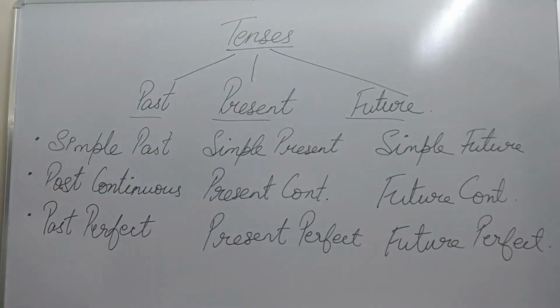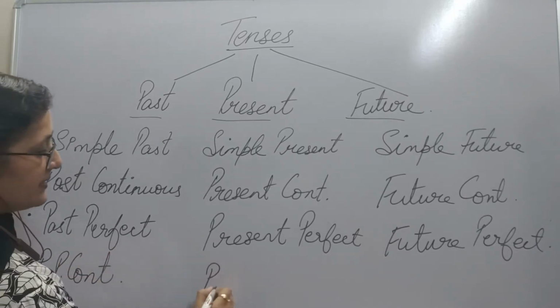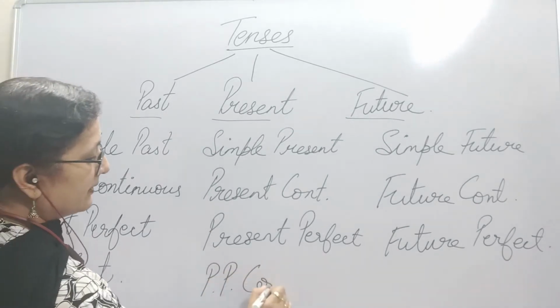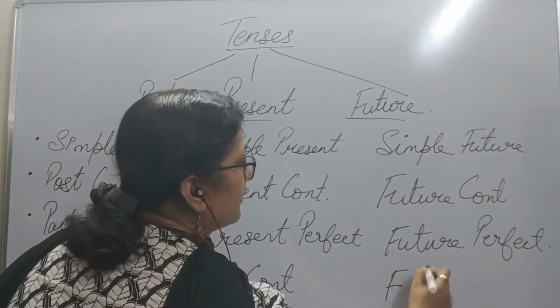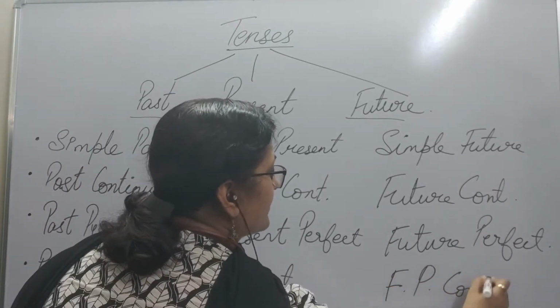We have one more kind which we do as, I'm writing again the abbreviated form, past perfect continuous, present perfect continuous and future perfect continuous.